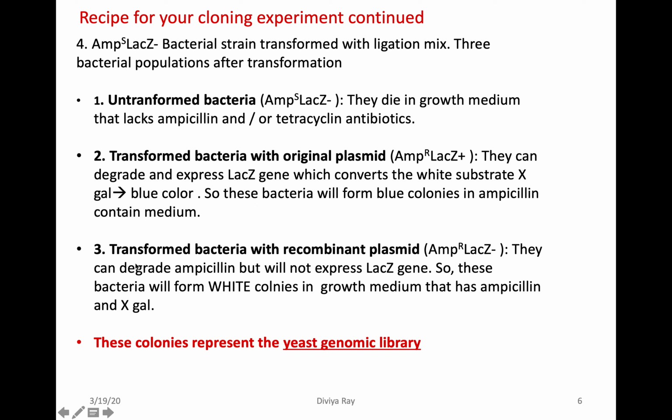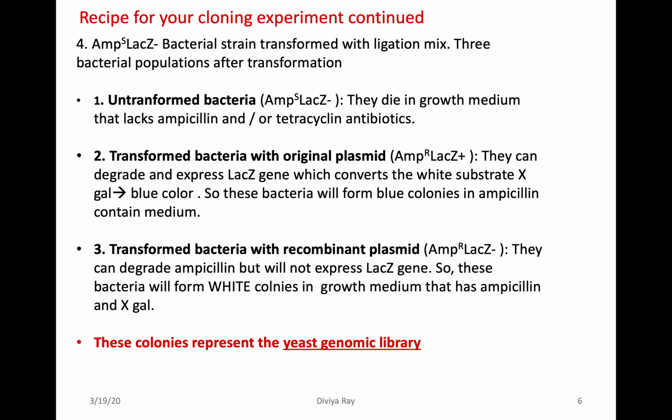The third population will be the transformed bacterial cells that will have the recombinant plasmid with different yeast genomic inserts. So they will have an intact AMP-R gene, but they'll have a disrupted LAG-C gene, because you are putting the yeast genomic fragment into the plasmid by disrupting the LAG-C gene.